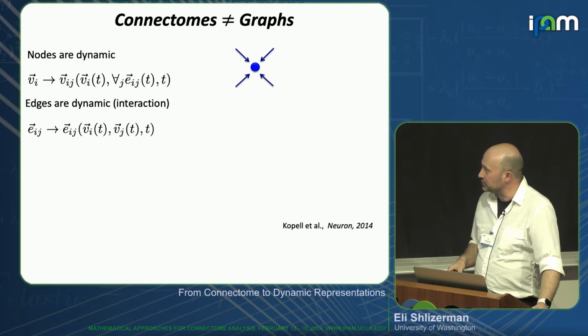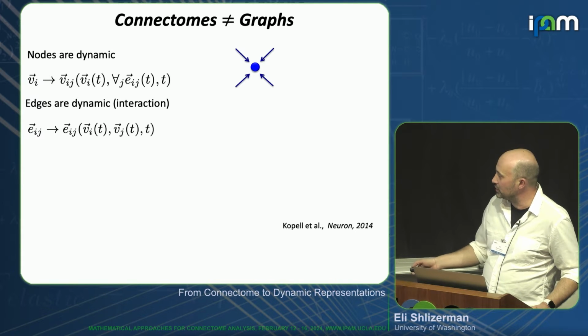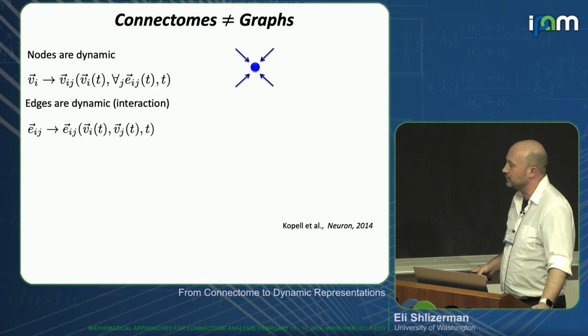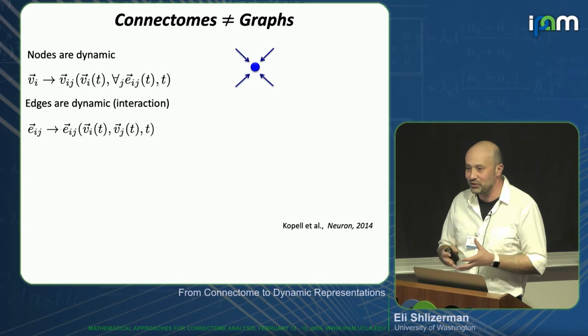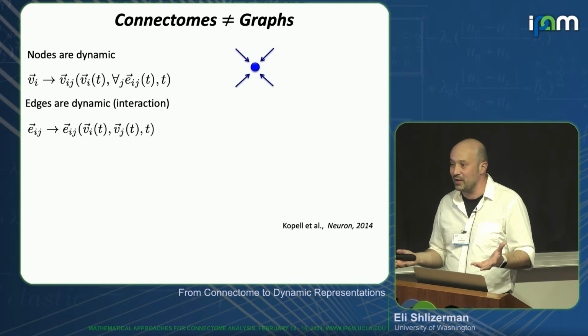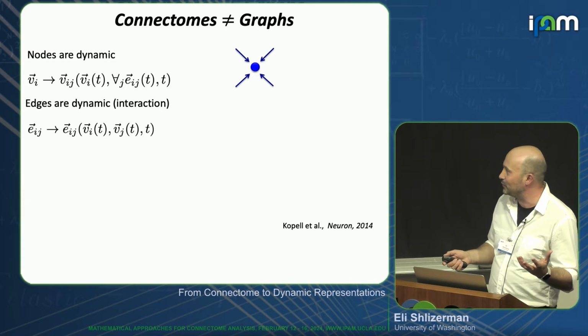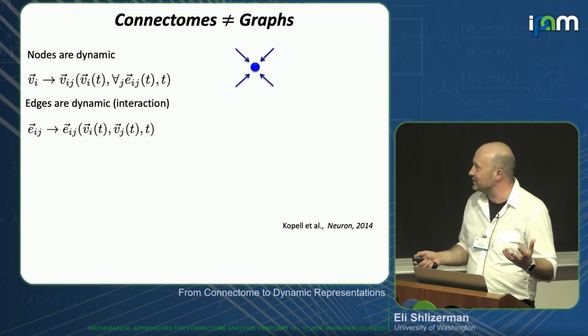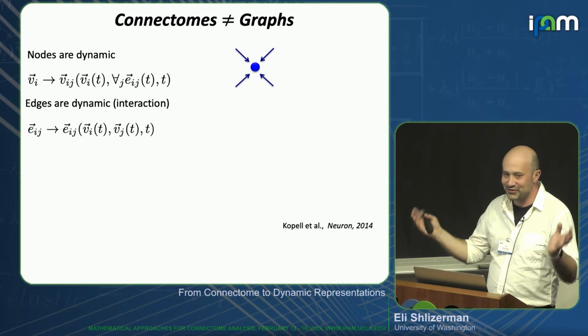What we wanted to think about, inspired by the work by Nancy Kopell et al. published in Neuron, is to think of connectomes not as graphs, but as dynamic connectomes. What do I mean by that? As was mentioned in one of the discussion topics, let's maybe invert the graphs and consider connections as nodes.